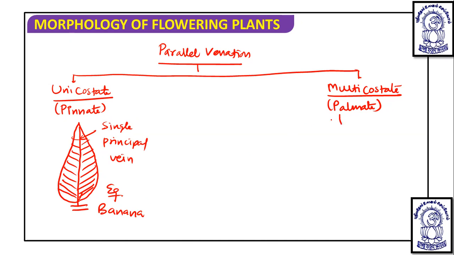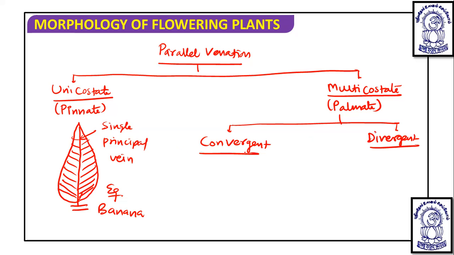Whereas multicostate, in which multiple principal veins are there and they are running parallel to each other, then in multicostate there is convergent and divergent. When we talk about convergent, then here all the principal veins run parallel to each other and they meet at one point, then it is known as convergent.